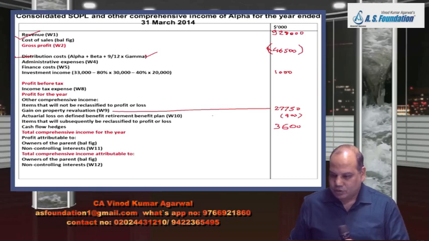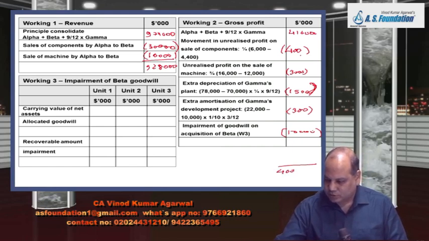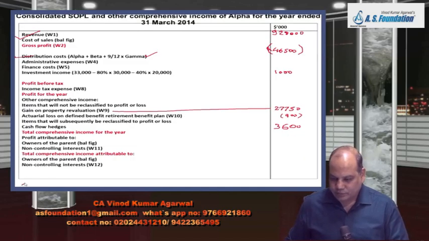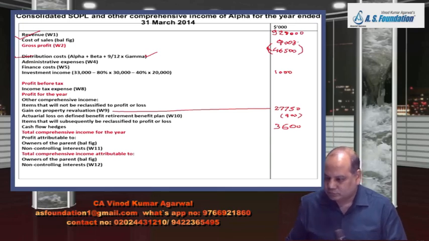Okay. Now I need a few figures to complete this answer. So first you tell me gross profit. Anybody, gross profit? 400,800. Okay. So we'll go to the main page. 400,800, right here in gross profit.